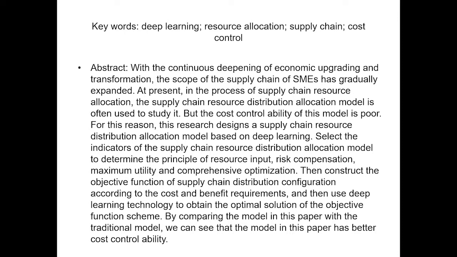Then construct the objective function of supply chain distribution configuration according to the cost and the net requirements, and then use deep learning technology to obtain the optimal solution of the objective function scheme. By comparing the model in this paper with the traditional model, we can see that the model in this paper has better cost controllability.